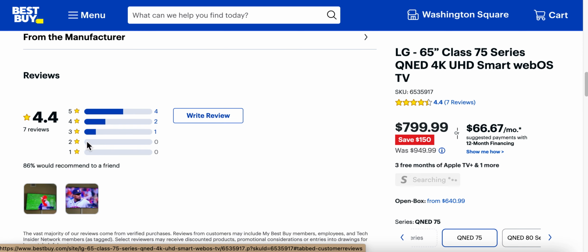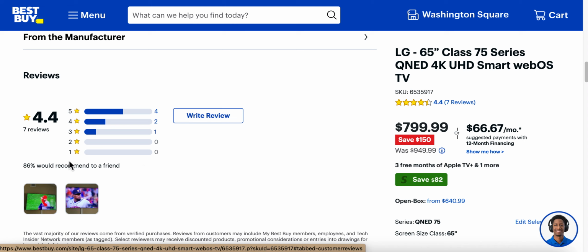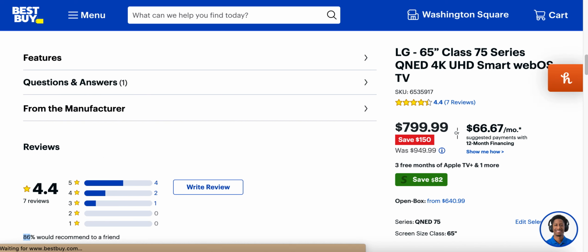So this distribution, there aren't any of these because there's very few ratings anyway. I wouldn't say there's enough to really say what this is, but I would give it more ratings before I was like, hey, yeah, this is skewed or whatever. And then 86% again would recommend to a friend.